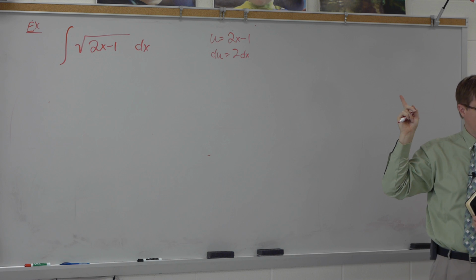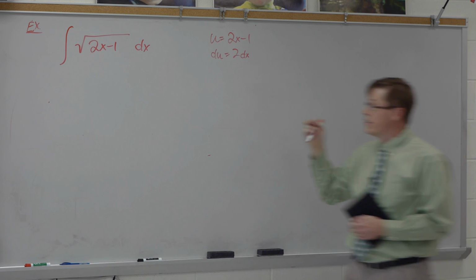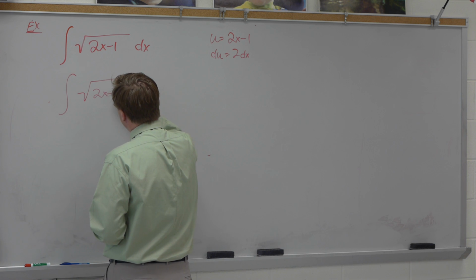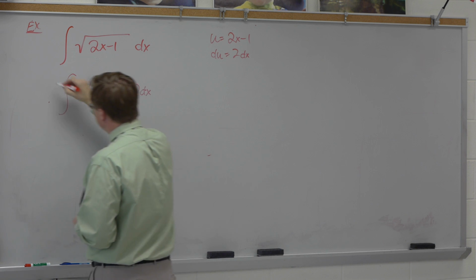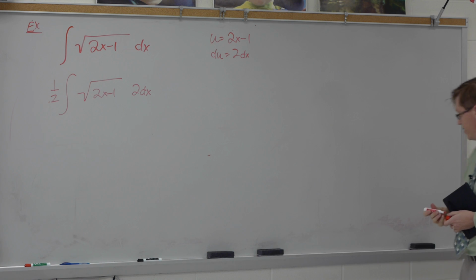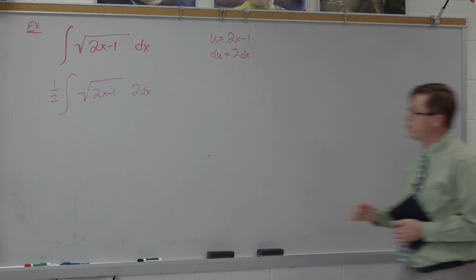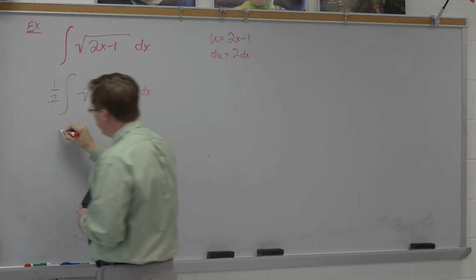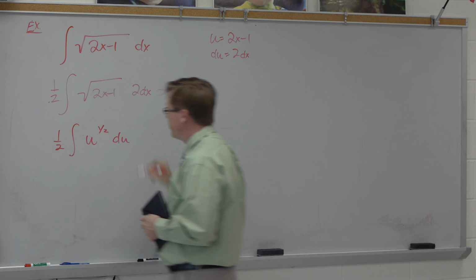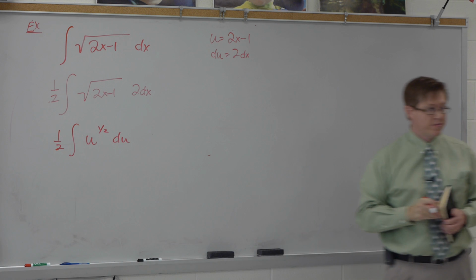So I need to do the same trick. So 2x minus 1, if I put a 2 on the inside and 1/2 on the outside, then this is 1/2 the integral of u to the 1/2 du.